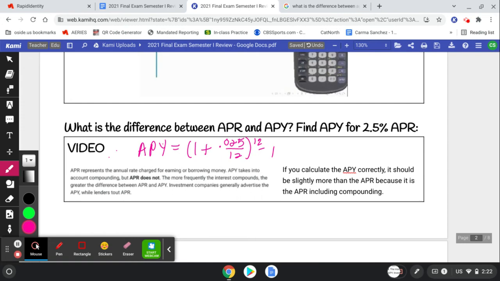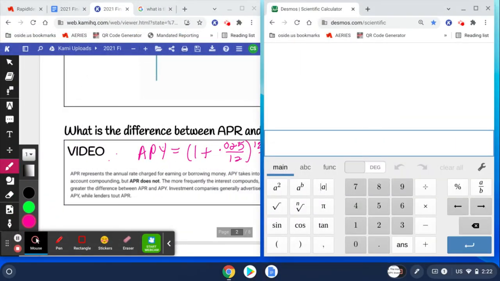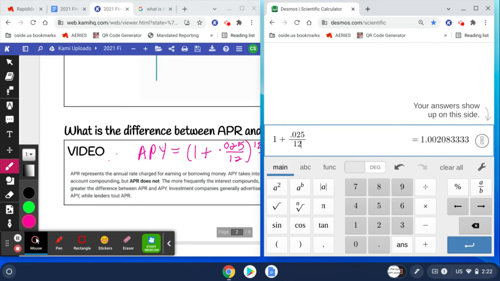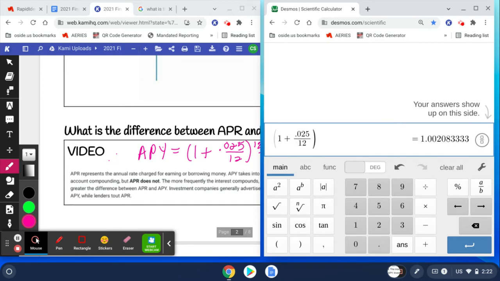Let's go calculate it in Desmos. Don't forget the minus 1. And we get 0.025288.